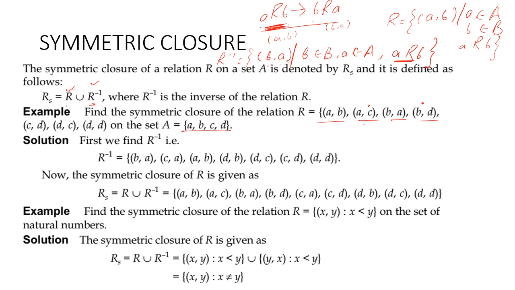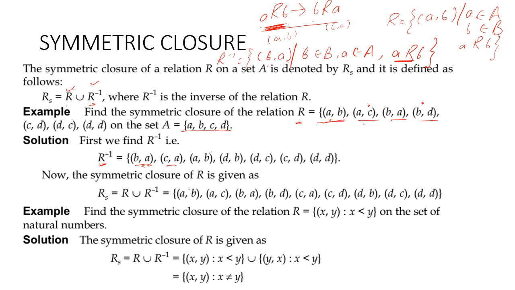Now, if I take the inverse of this relation, the inverse will be, for AB, I will have BA. For AC, I will have CA. For BA, I will have AB and so on. So if I now take the union of R and R inverse, now AB will come over here. This AB and this AB being the same, they will be counted only once.